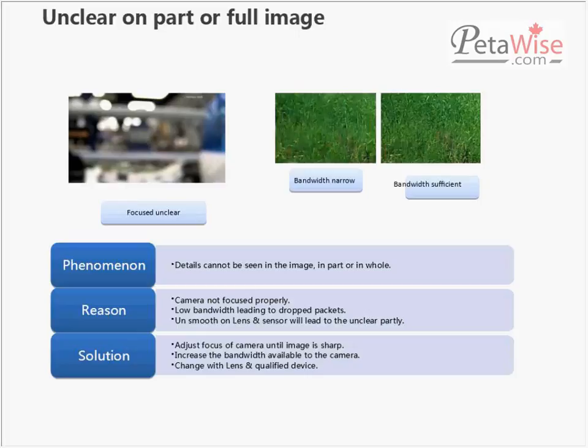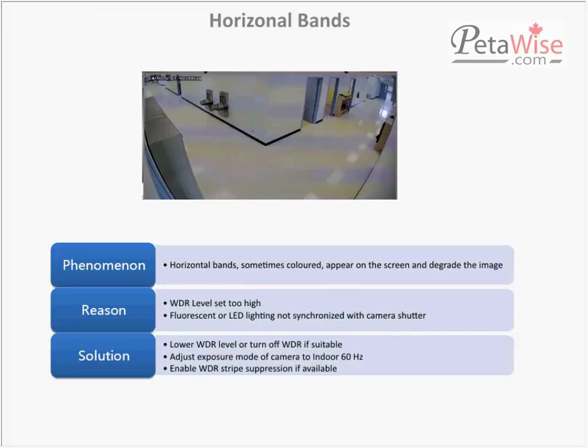Another issue that sometimes comes up is WDR bands. We can see in this image here that we can see these horizontal stripes, blue stripes and yellow stripes along the image.